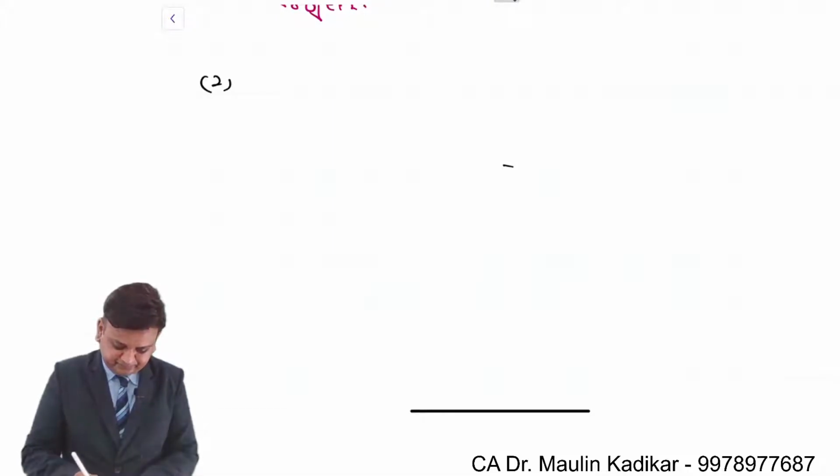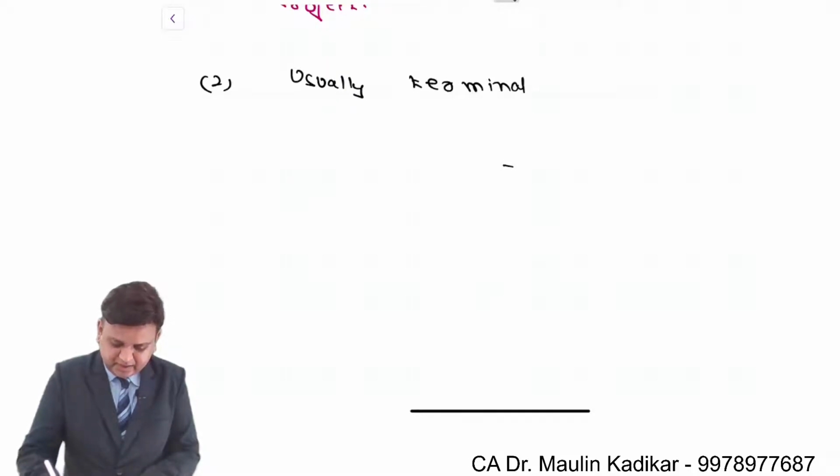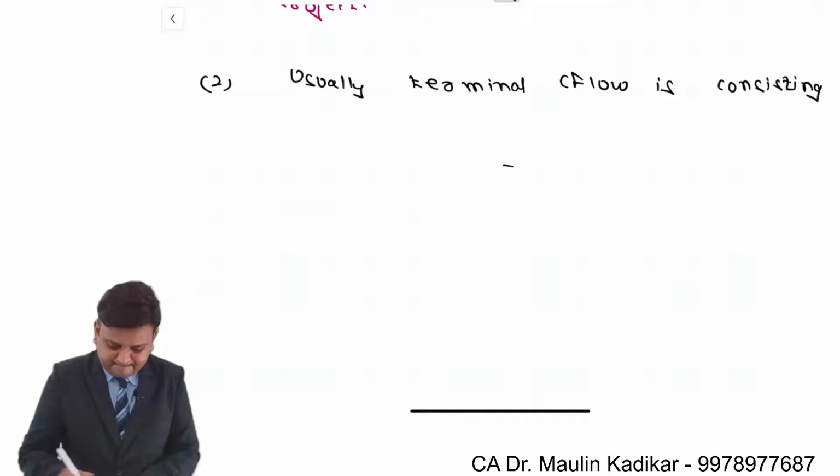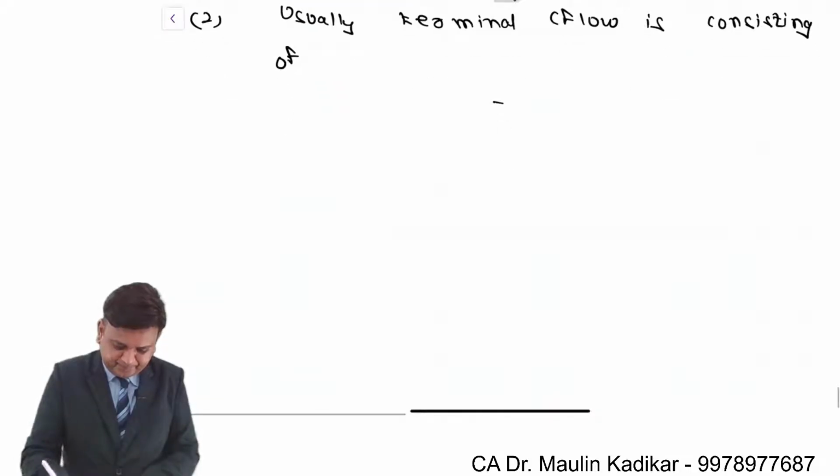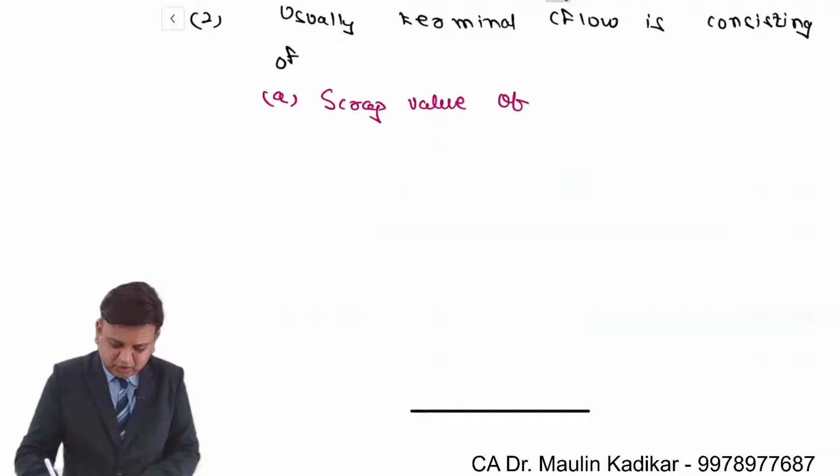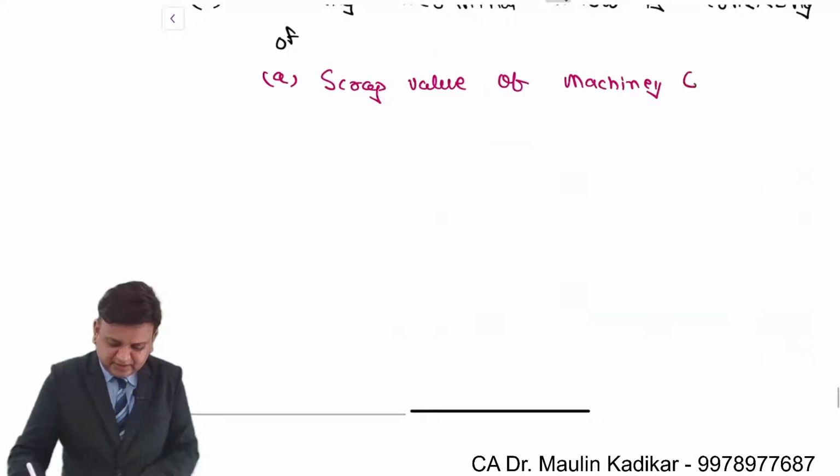Second point, usually terminal cash flow is consisting of: A, scrap value of machinery, in bracket I am writing cash inflow.